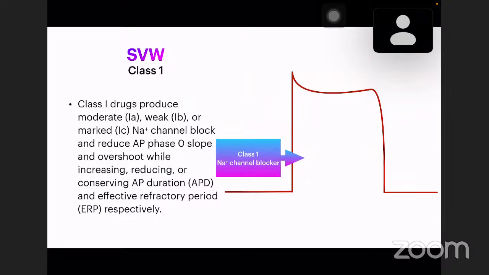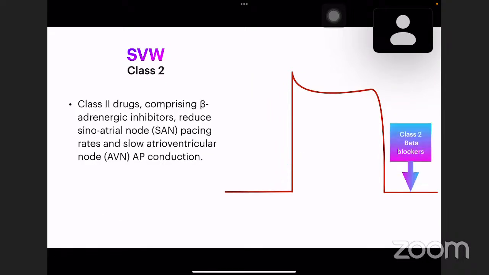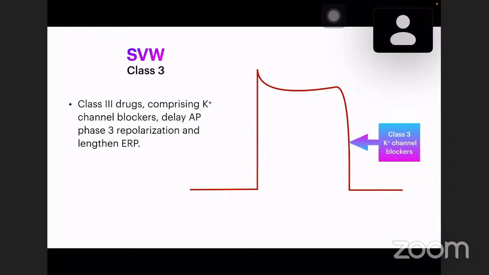Coming to class 2, these are beta blockers. They affect phase 4 of the cardiac action potential, and they particularly act on the SA node and the AV node. Class 3 are potassium channel blockers.